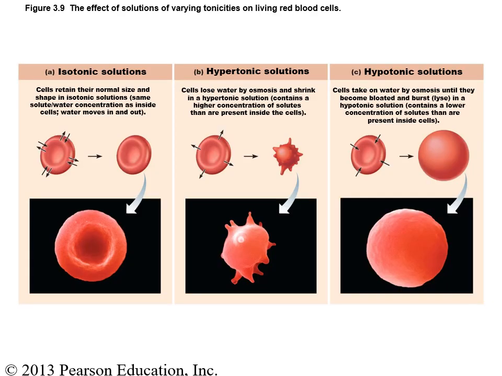So here are some pictures of red blood cells in different environments. What you would like is to have your red blood cells in an isotonic solution, where the solute load out here and in here is exactly the same. See, the water can go in and out equally, and the cells retain their normal size and shape in isotonic solution because the solute load is equal.